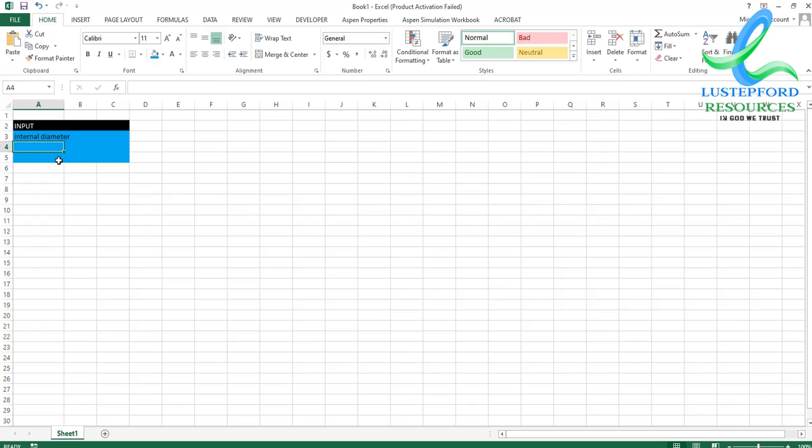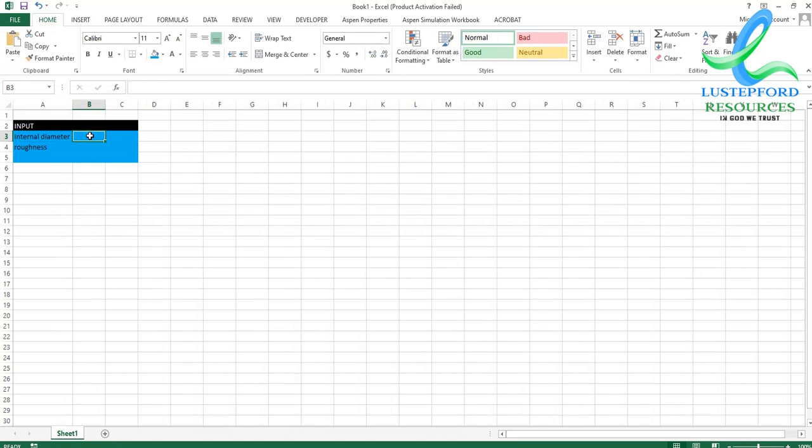Okay, we put in internal diameter, and then this one is pipe roughness. This internal diameter is 19.25 inches.